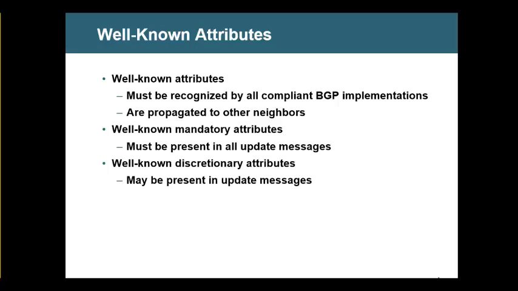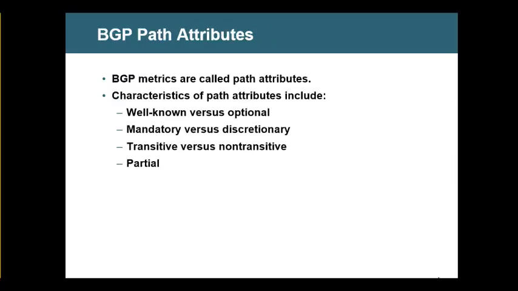Though I don't see the attribute, I still accept it because it is not a mandatory well-known. It's a discretionary well-known. So the attributes that may be present in the update message are well-known discretionary attributes. The attributes that must be present in the updates are mandatory well-known. You see, we have covered this.